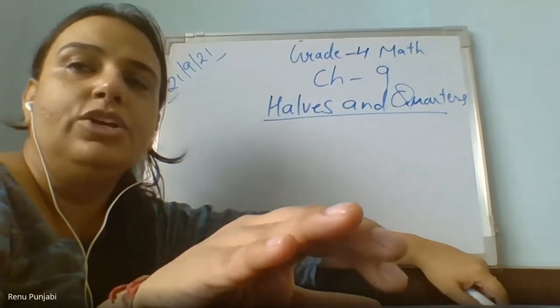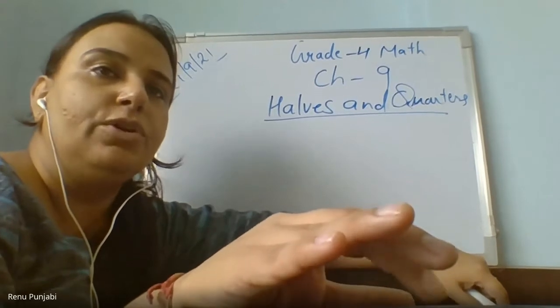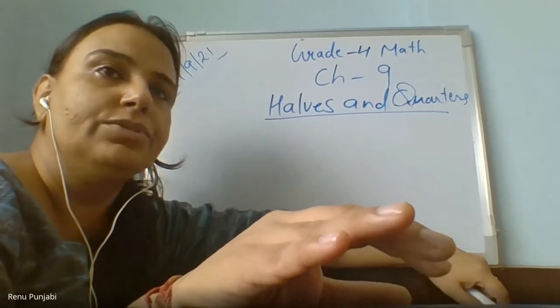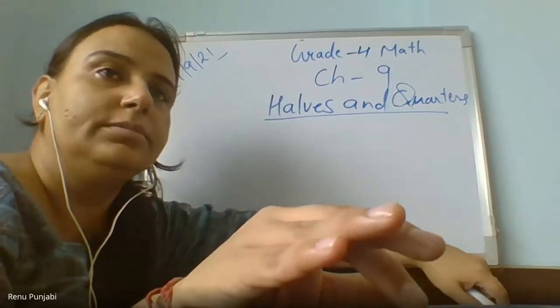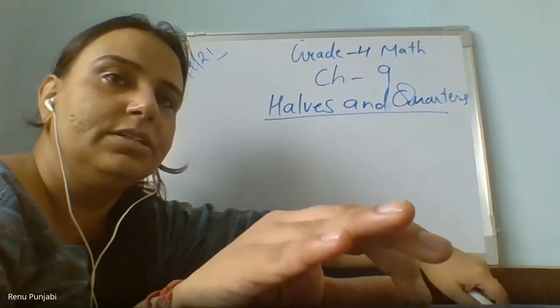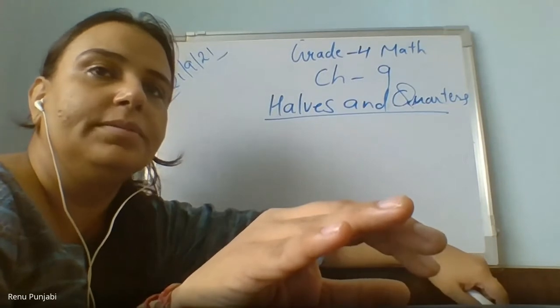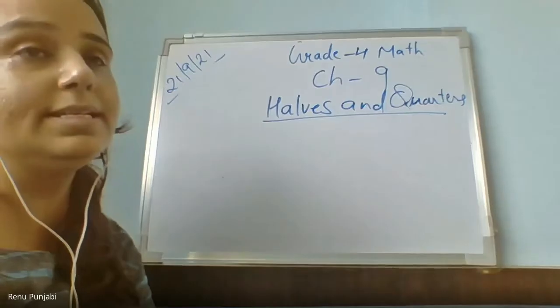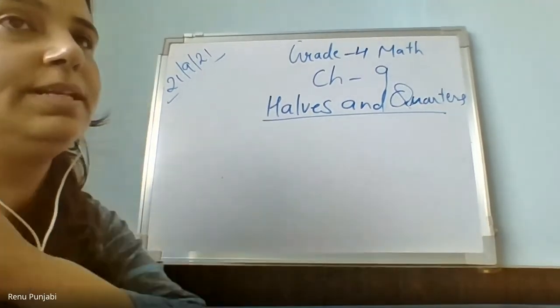Meer Virani, you also, same way. If you don't turn on your camera, I will remove you. Ma'am, my camera is on only. No, it is not on. You're not visible to me. So please turn on your camera. Ma'am, on my screen I can see. Please go to settings and turn it on.